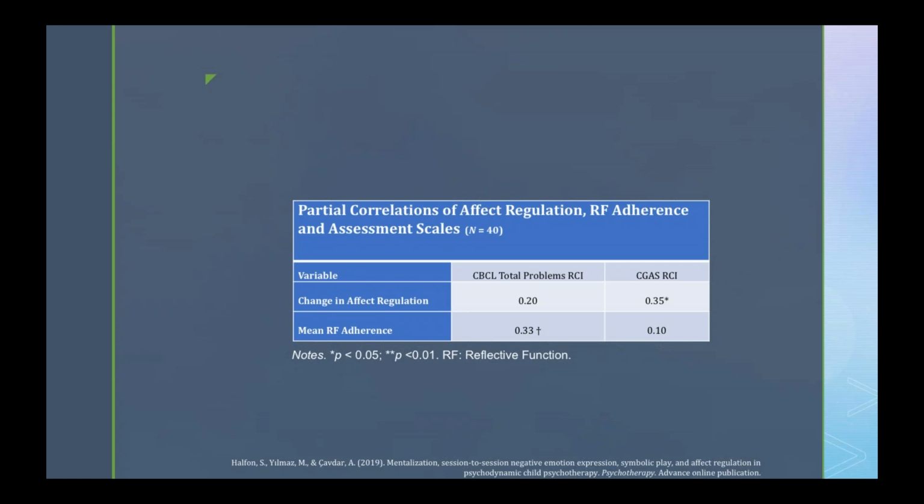We also found that mean RF adherence was associated with improvements in CBCL total problems. So I've shown you some ways in which the measure can be used clinically as well as in research.